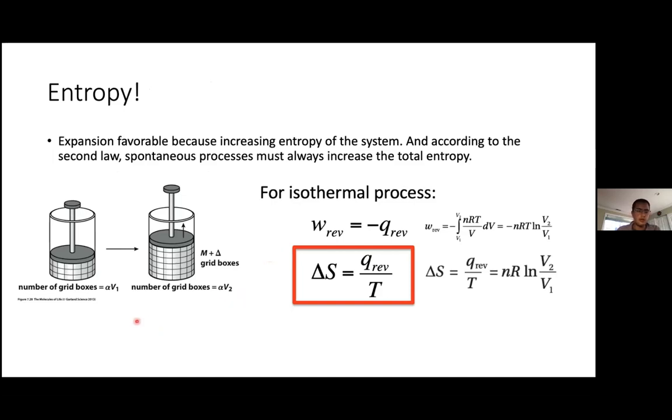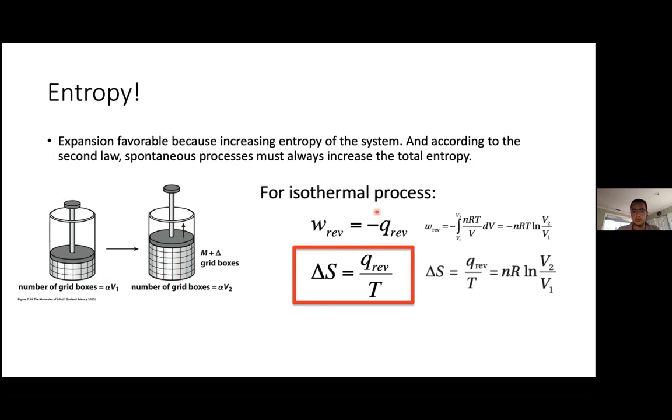And if we go based on what Chetan was talking about with the grid boxes, if you're expanding the piston, you're increasing the number of those grid boxes. So that's why even though there's no change in energy, this expansion is kind of fueled by increasing the entropy of the system.